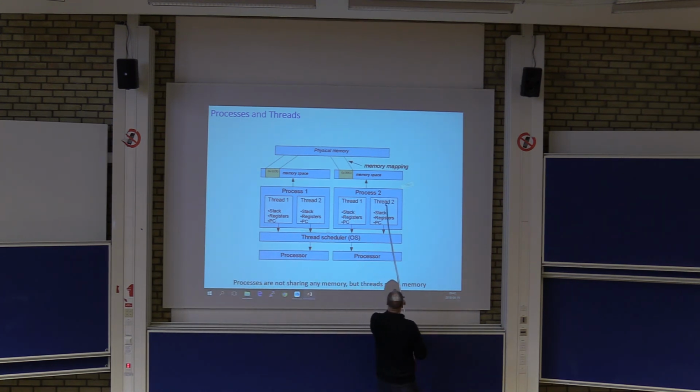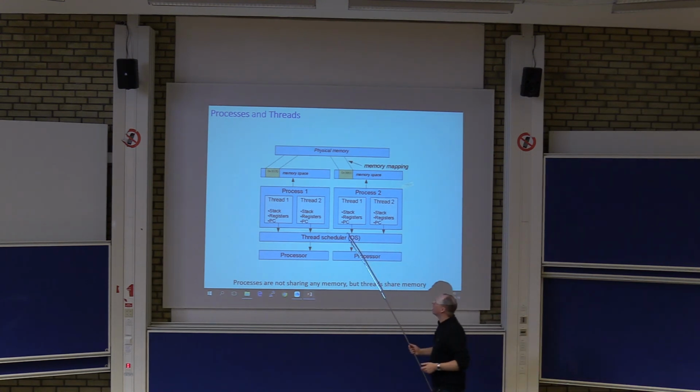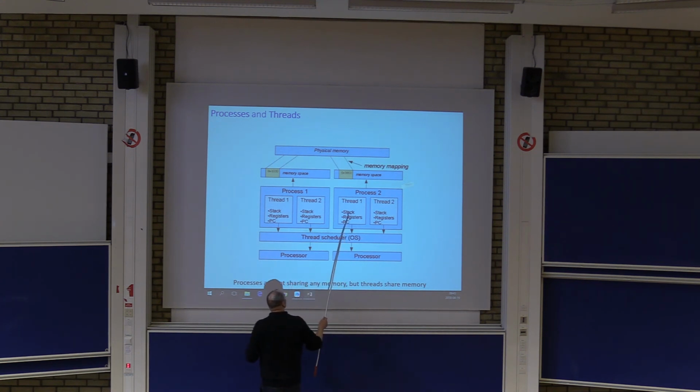But when you have different threads, which is actually what we will use in FreeRTOS, then you can have, for example, variables that you can access from both of the threads. So they are living in the same memory. If you change some variable in thread 1, you can read the new value from thread 2. But each thread will have its own stack.